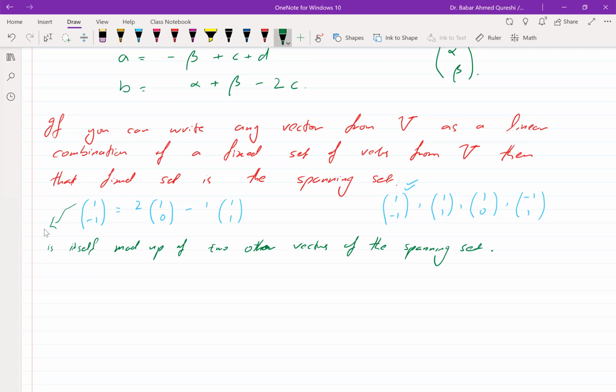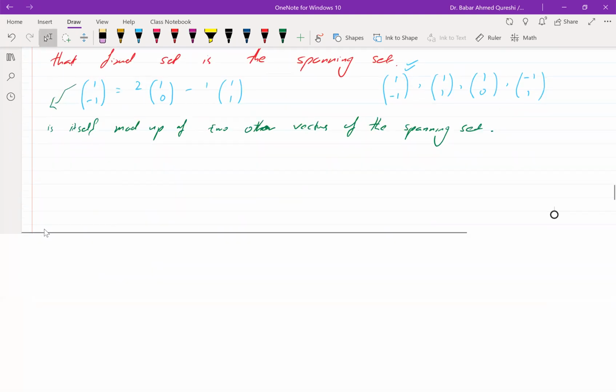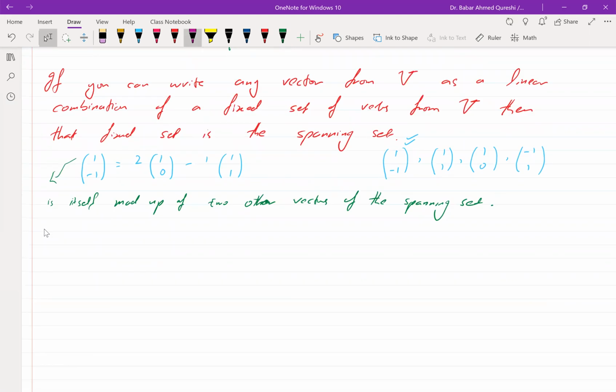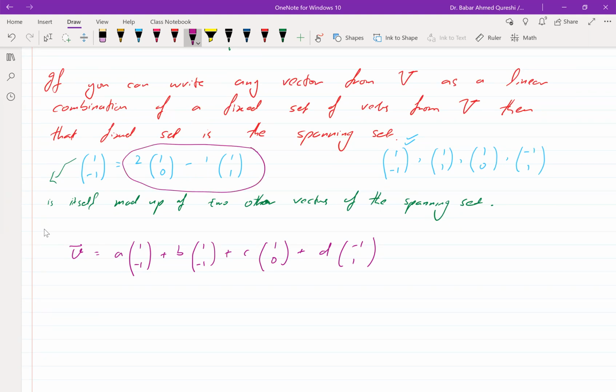What would that imply? That would mean that if I write any vector V as this kind of a linear combination, I can replace this vector 1 minus 1 by this one.